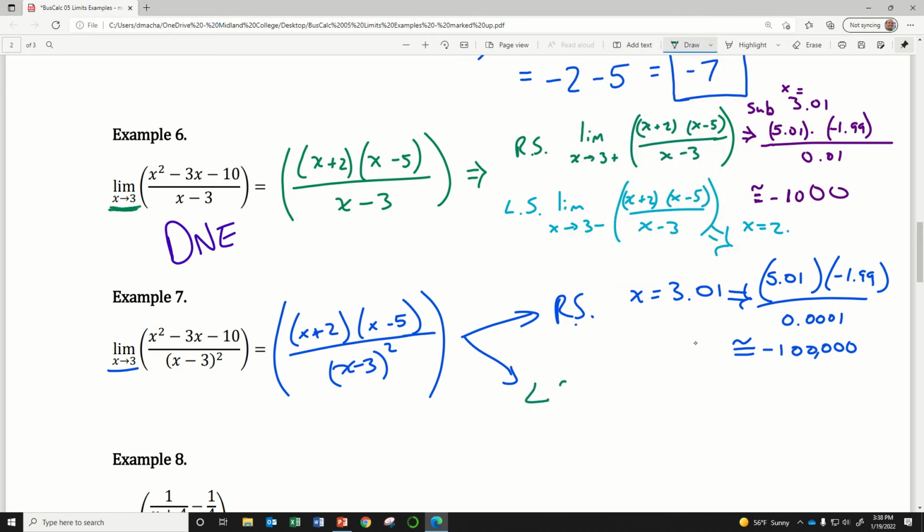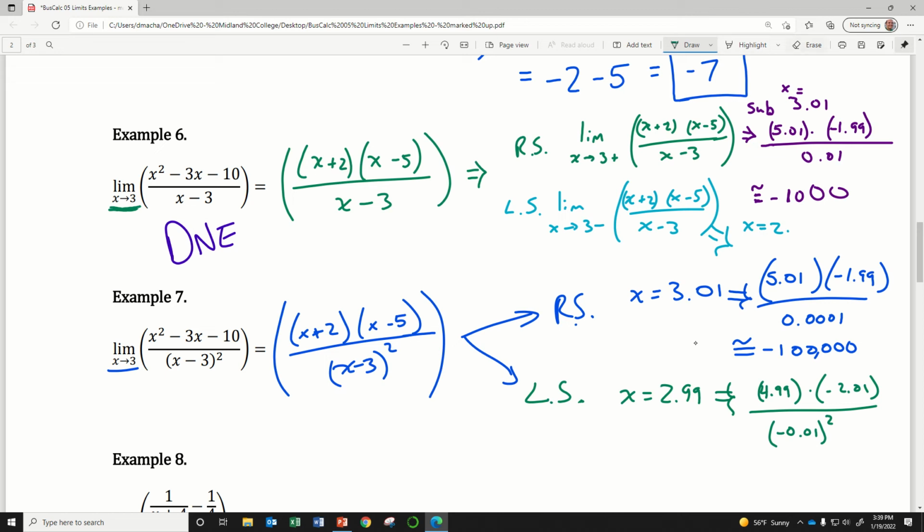And on the left side, if I sub in an input for my function that's just barely to the left of x equals 3, like 2.99, again, the numerator is going to be the same as I had before, something like 4.99 and negative 2.01. And then the denominator will be 2.99 minus 3, so negative 0.01, but that's going to be squared, and when I square a negative, that makes this positive, right?